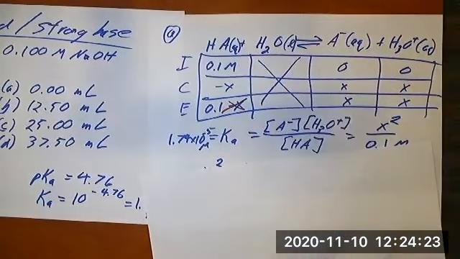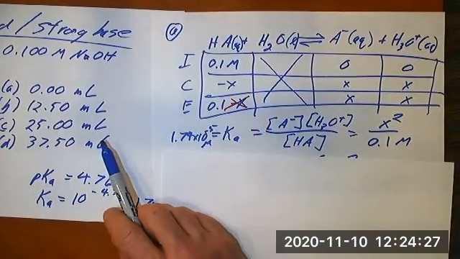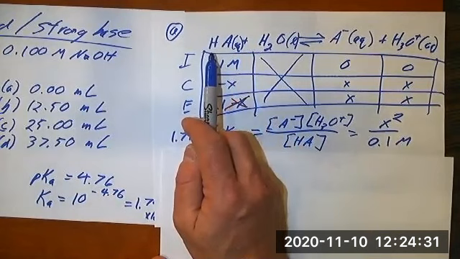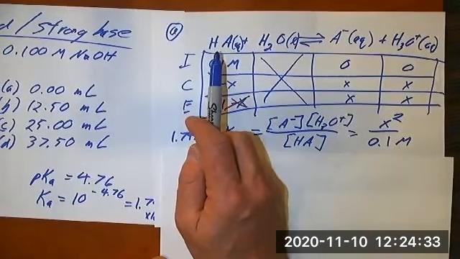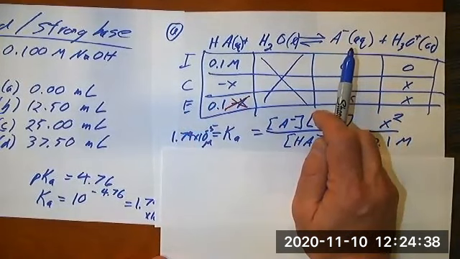So that means that half of the HA is going to stay as the acid, the other half is going to get converted into the A minus.